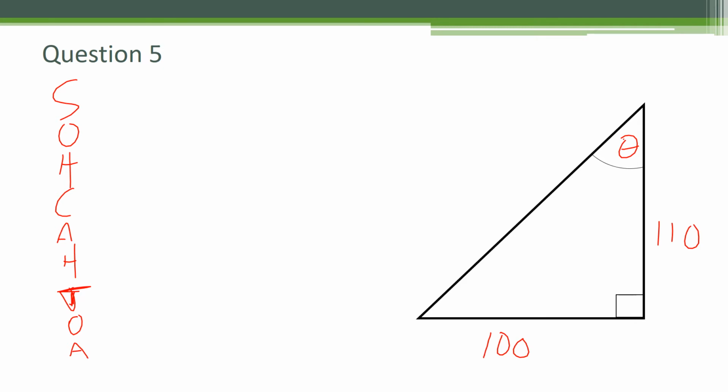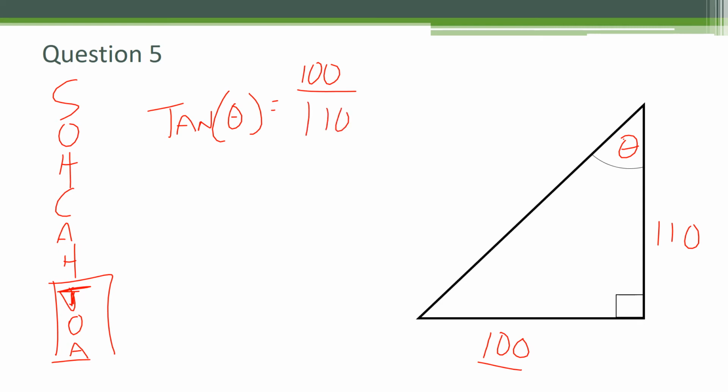I am working with the adjacent and the opposite, and that's going to be tangent. So the tangent of theta is equal to my opposite, which is 100, over my adjacent side, which is 110. To figure this out, 100 divided by 110 equals, Shift tan. We should get 42.3 degrees.